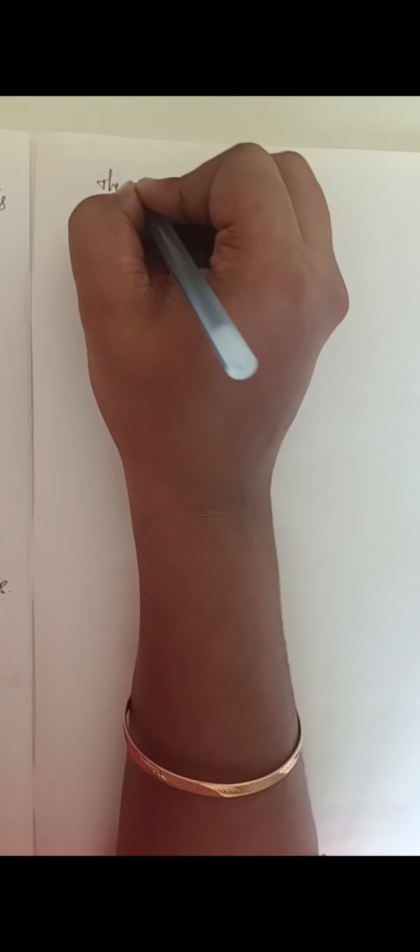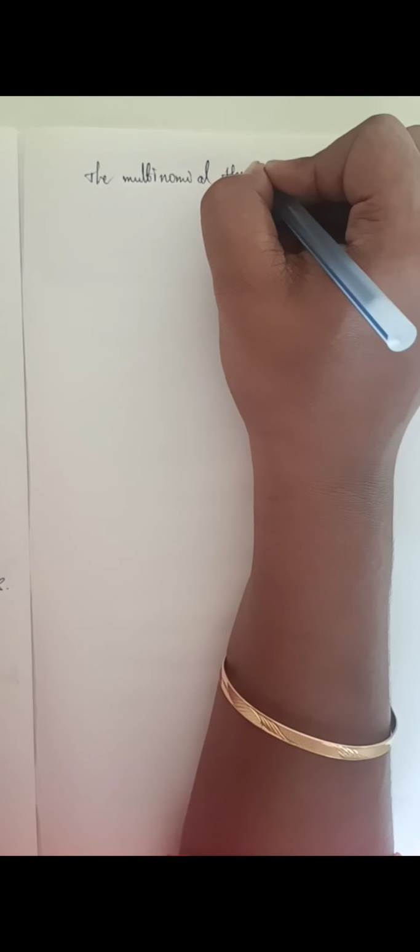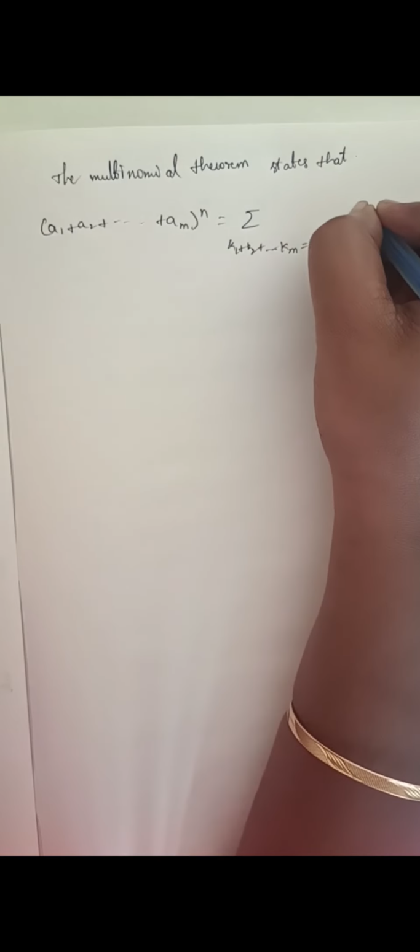By using the multinomial theorem, which states that (a1 plus a2 plus up to am) whole power n is equal to the summation over k1 plus k2 plus up to km equals n of n factorial divided by k1 factorial, k2 factorial up to km factorial into a1 to the power k1, a2 to the power k2, up to am to the power km.